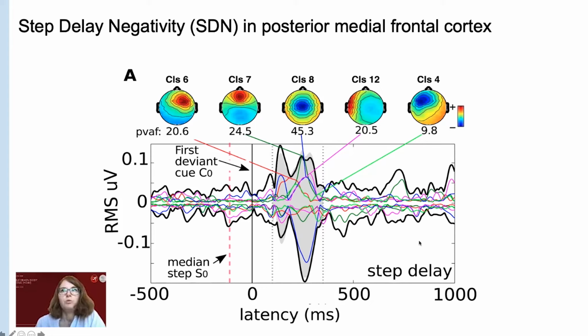This is also what people have previously found when localizing error-related potentials and looking with fMRI at error processing: that posterior medial frontal cortex is the generator of this error-related potential.